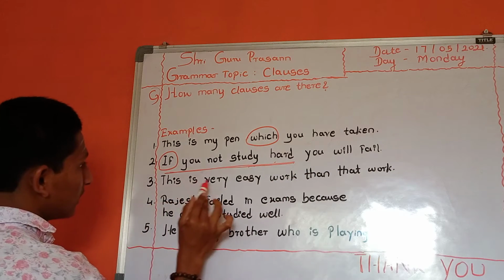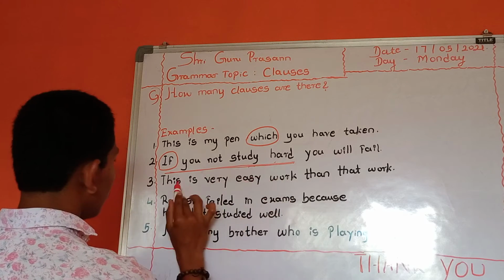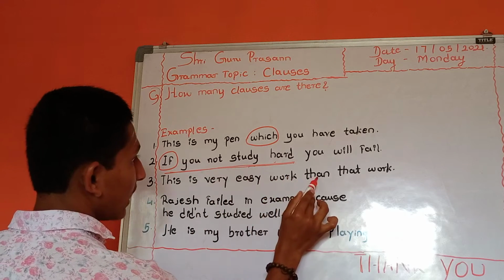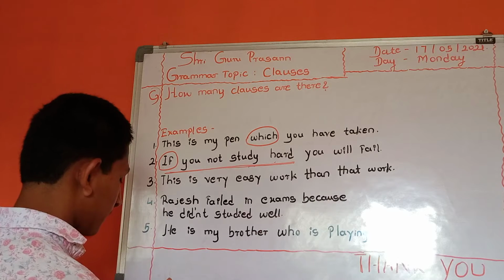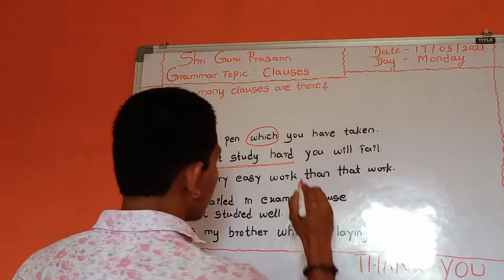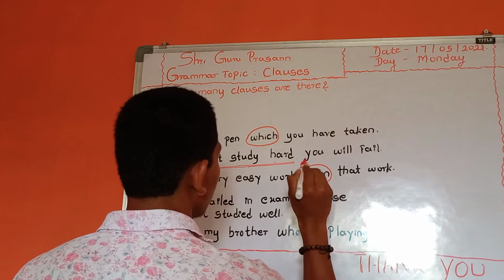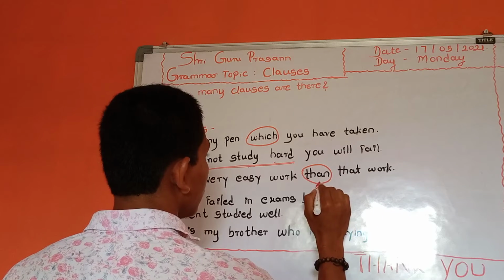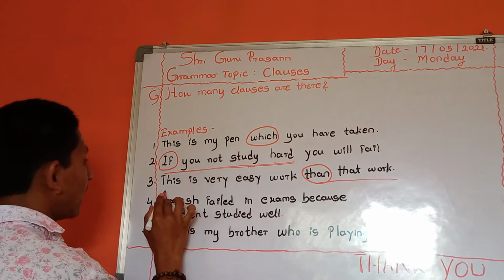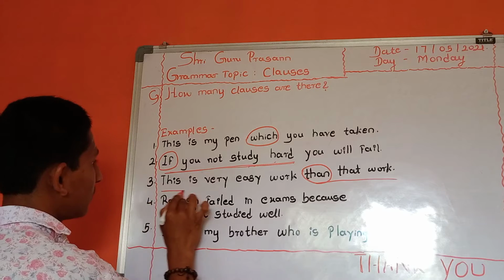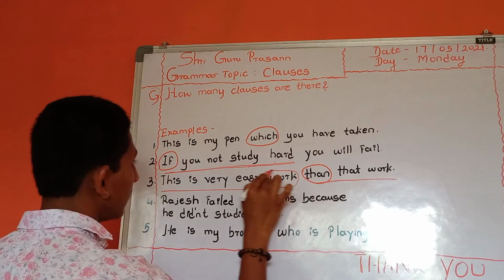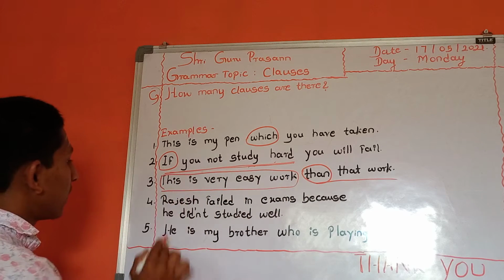Third one, this is very easy work than that work. Than is the subordinating conjunction, and than that work is the dependent clause. The first part, this is very easy work, is an independent clause.